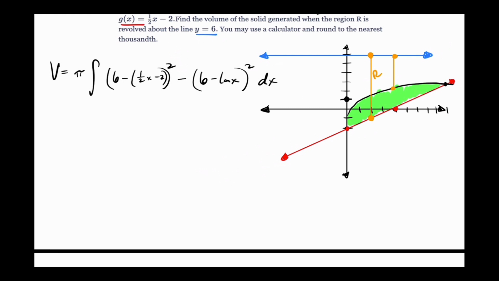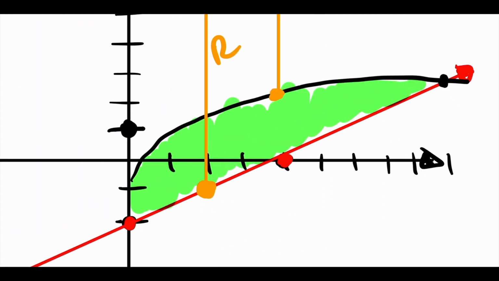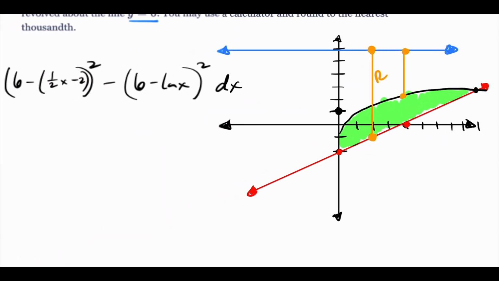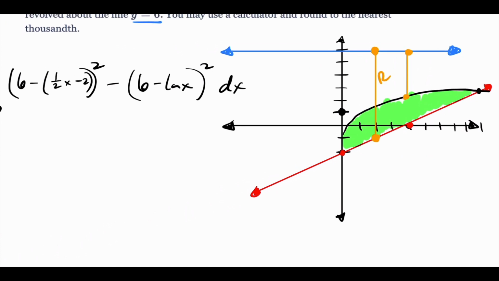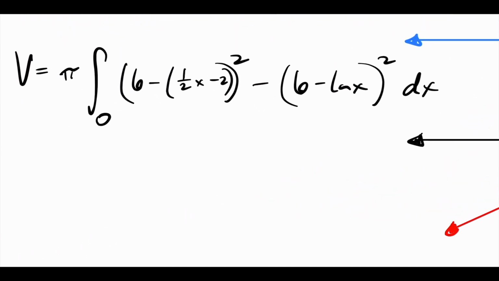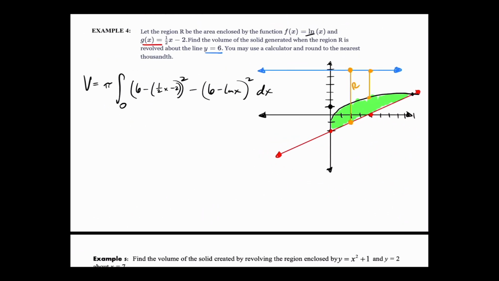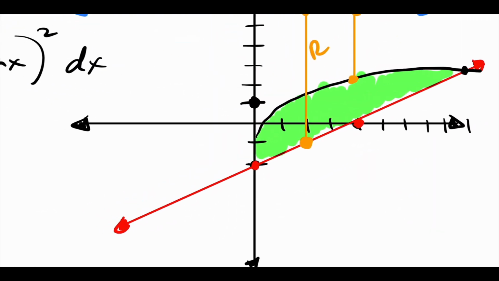Okay. Now the bounds. Where's the left side of the green going to be? 0, right? We just talked about that. Natural log doesn't exist on the negative x's, so it has to be 0. And then here, we're going to use the calculator to find that guy there. It's going to be 7 point something, 8 point something. What did you guys get? So actually, I found out where they intersect. So it was 0.1456. Would that count as a 0?